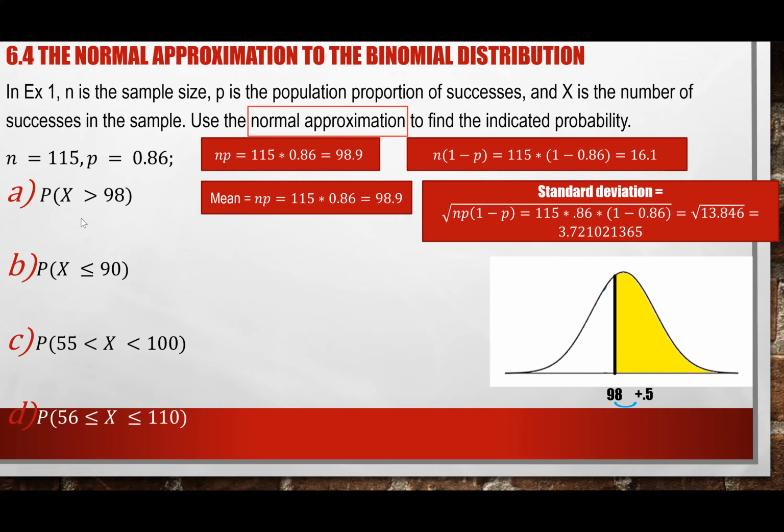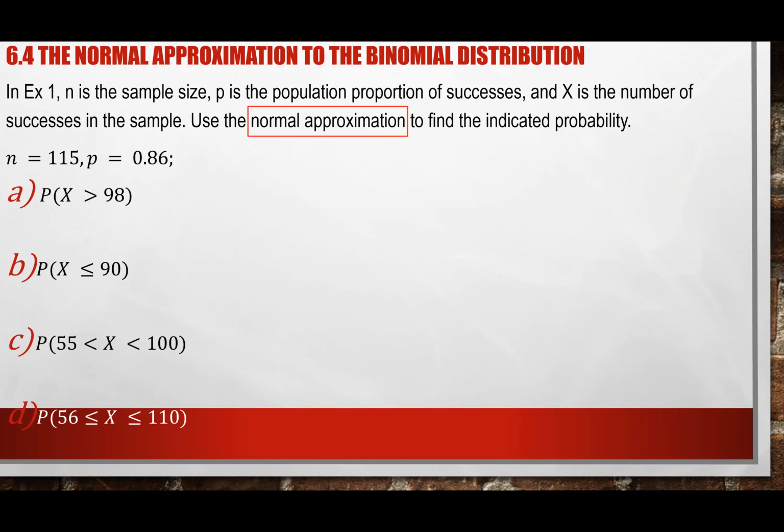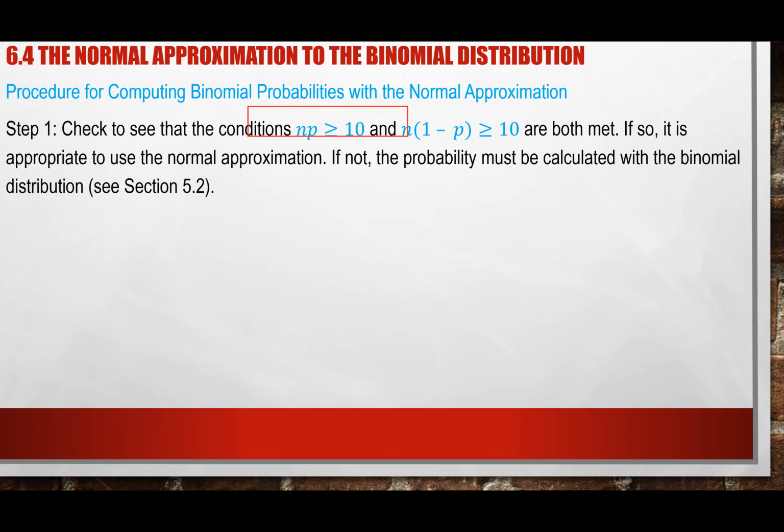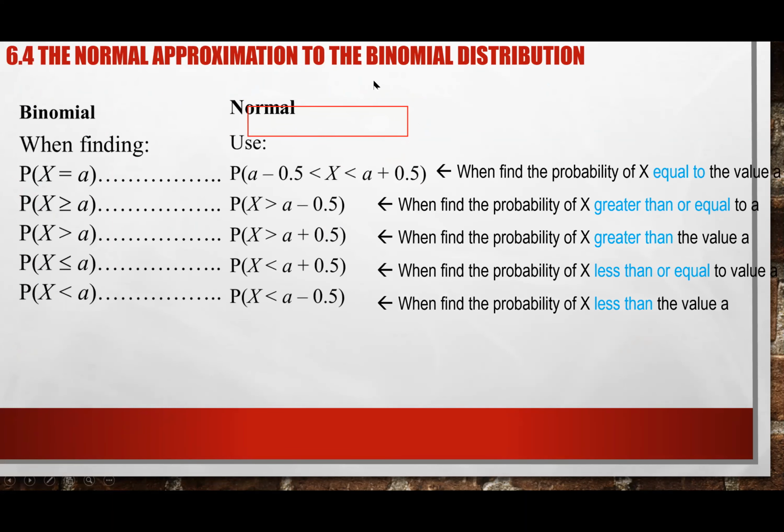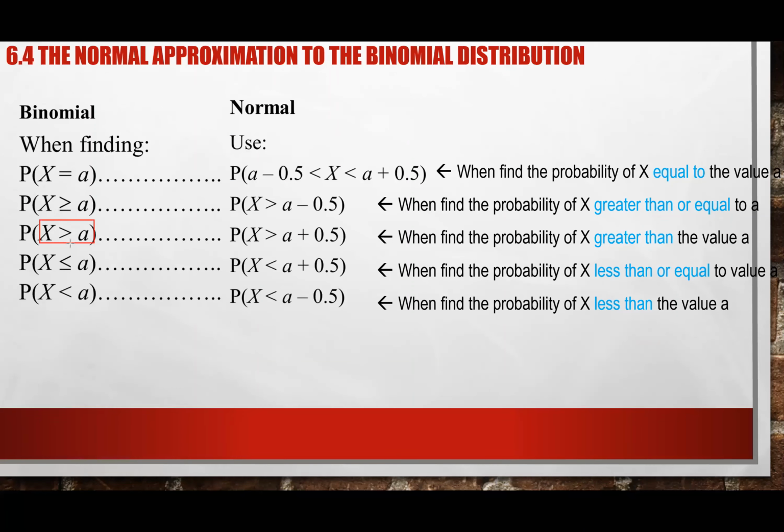If you don't remember that, go back to your notes. You see right here, this is what we have in the layout: the probability of x is greater than 98. What do they tell us? If it's x greater than 98, all you need to do is add 0.5.